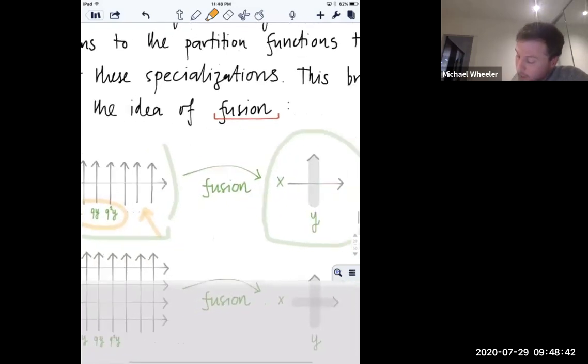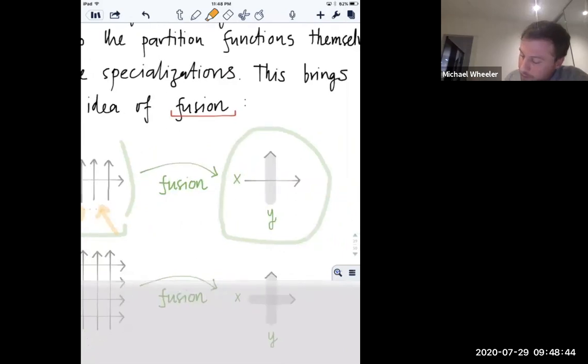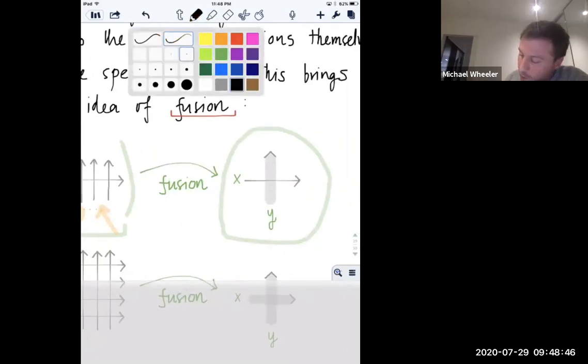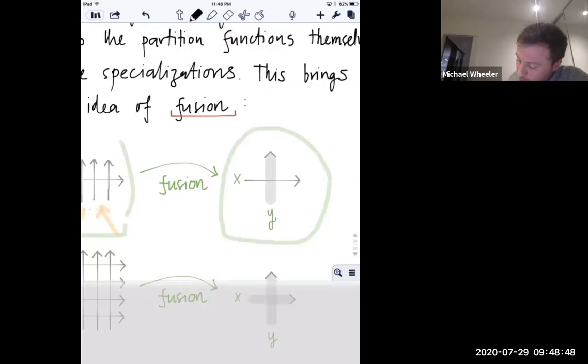Okay, so as before, the states that live on the horizontal line here, in the 6-vertex case, are still going to be 0s and 1s that live on these horizontal edges. But now I have this kind of fat line, which is really representing the fact that I have fused those vertical lines together. And the state that lives on the fat line can actually be an integer.